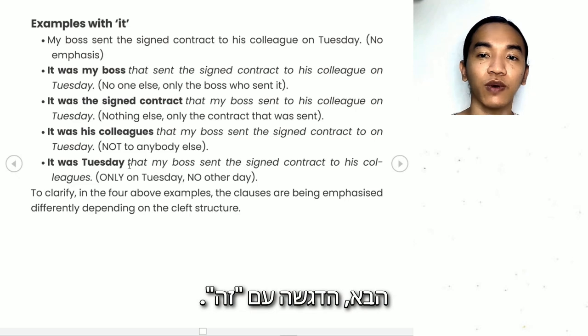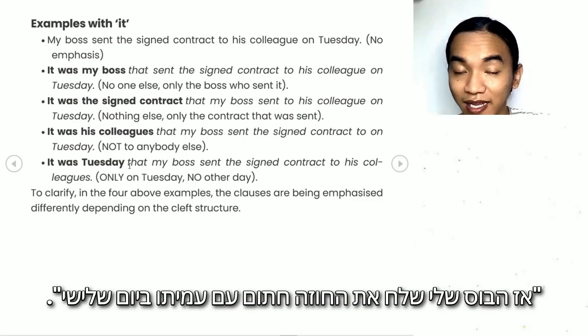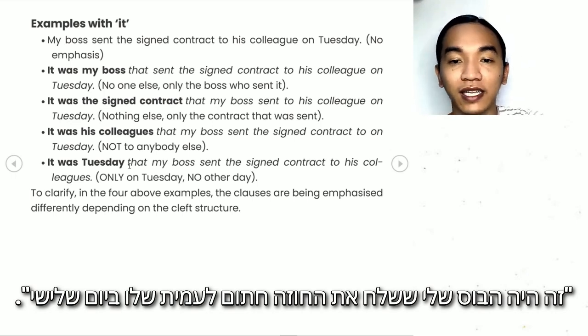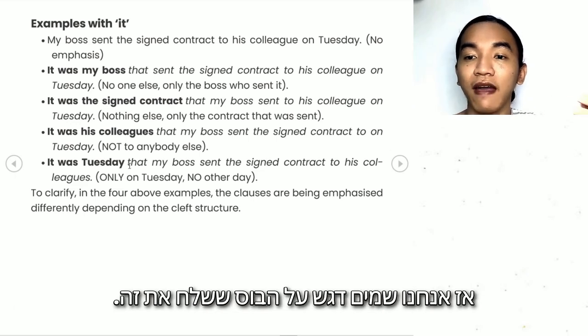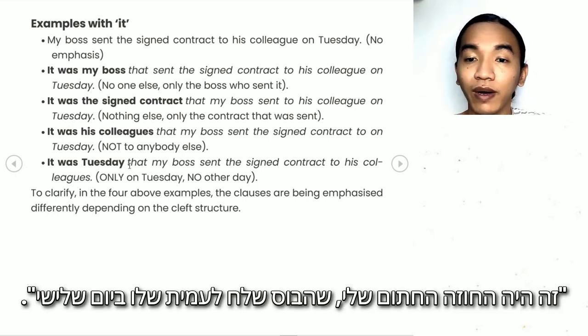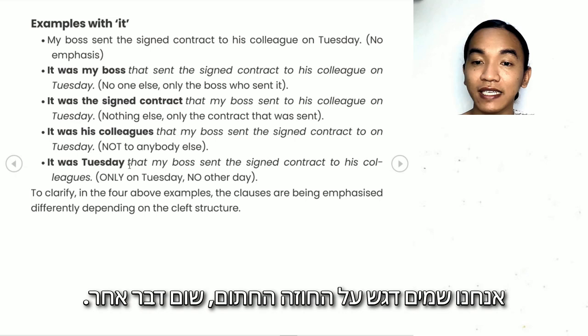Now, next one, emphasis with it. So my boss sent the signed contract to his colleague on Tuesday. Very common sentence. It was my boss that sent the signed contract to his colleague on Tuesday. So we are emphasizing on the boss who sent it, no one else. It was the signed contract that my boss sent to his colleague on Tuesday. We are putting emphasis on the signed contract, nothing else.